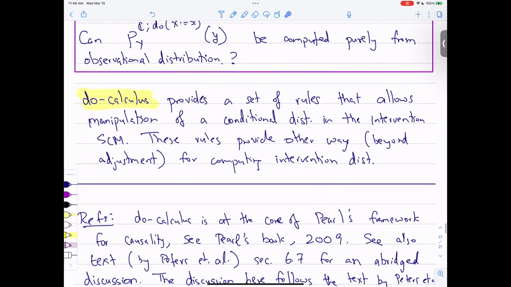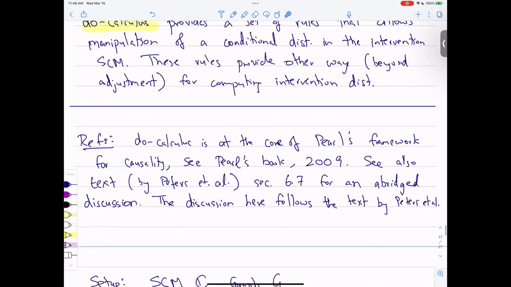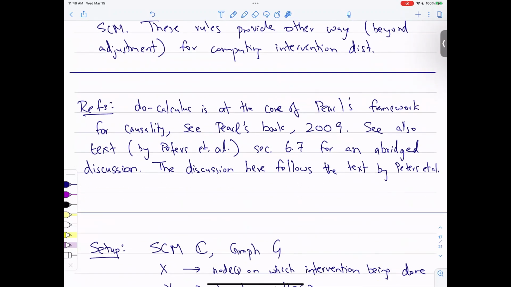Do-calculus provides a set of rules that allows manipulation of conditional distributions in the observational model to try to get things for interventional models. So this is at the core of Pearl's framework for causality. Please read the book for the details, or Peter's book for an abridged discussion.